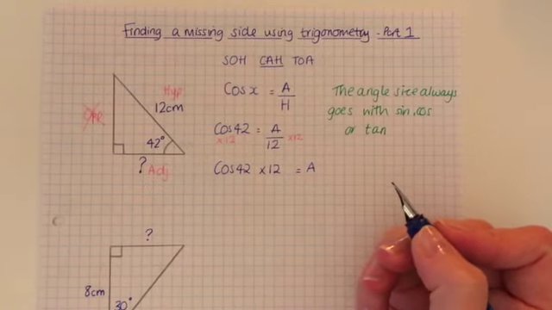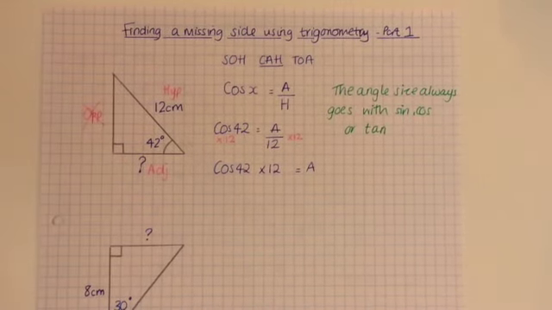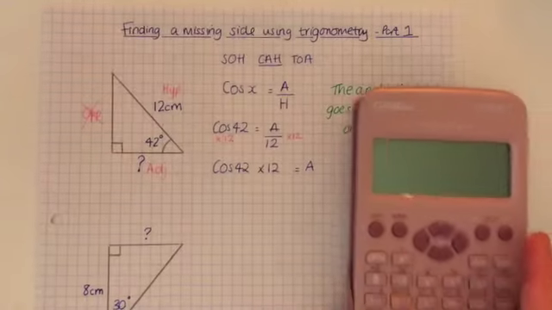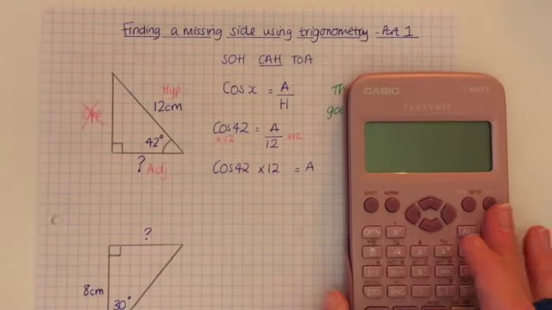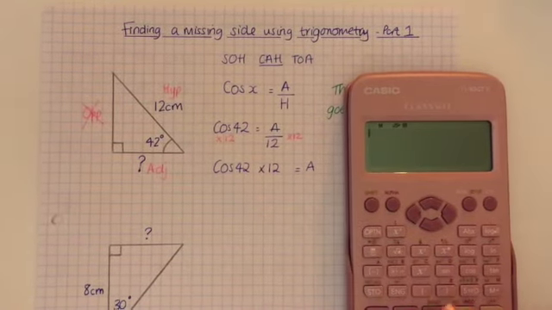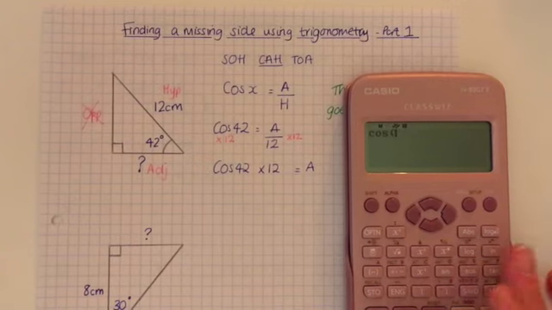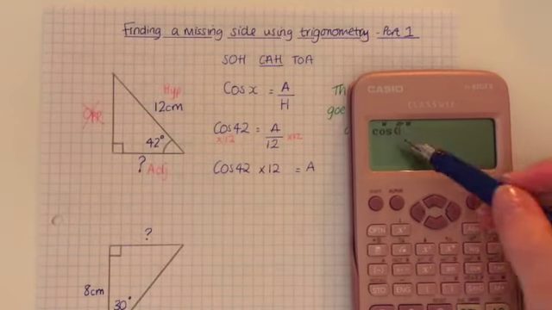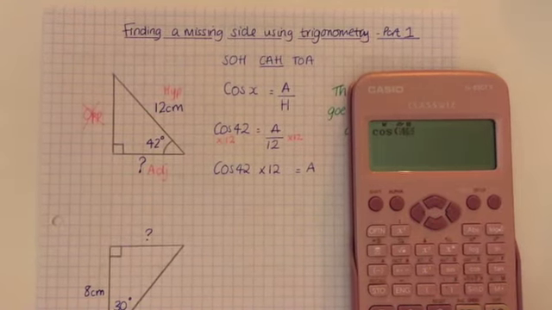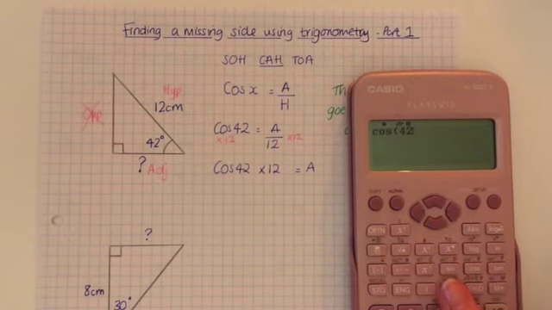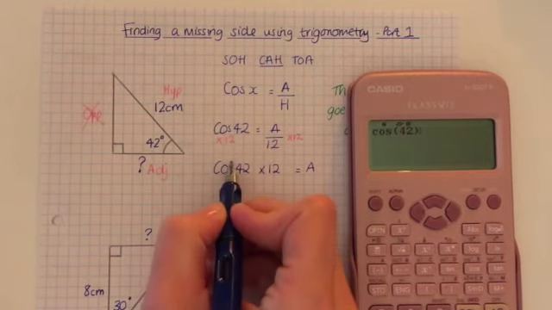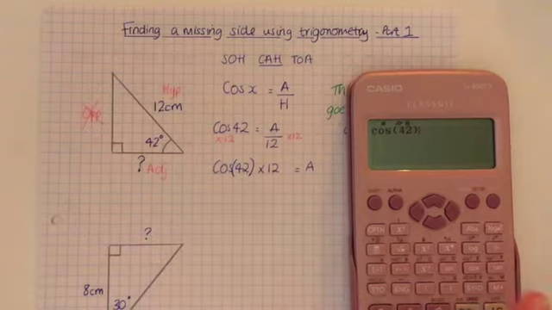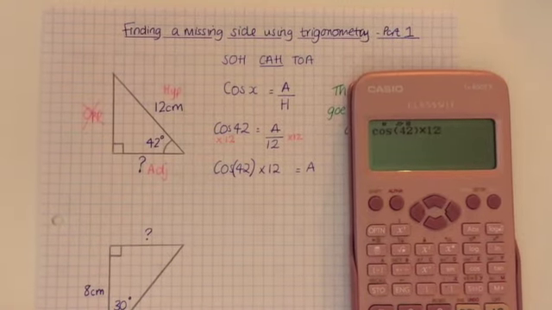So what I need to do now is put it into my calculator. But what I need to make sure that I do when I'm putting this into my calculator, so hopefully you can see, is that it opens a bracket. I'm going to put the size of the angle in, but I must close my bracket here, and then multiply it by 12.